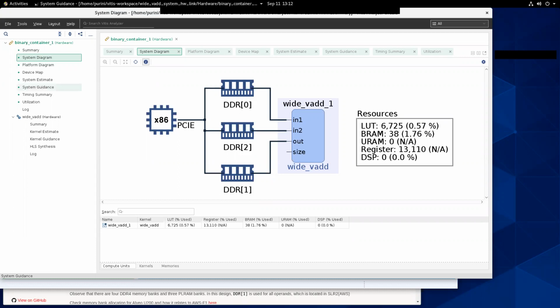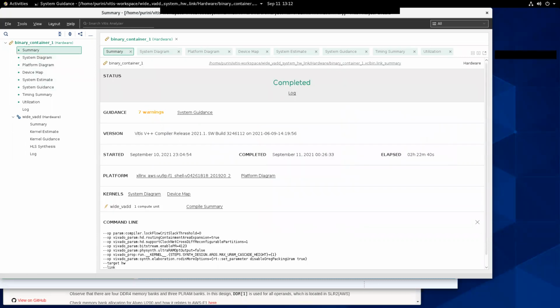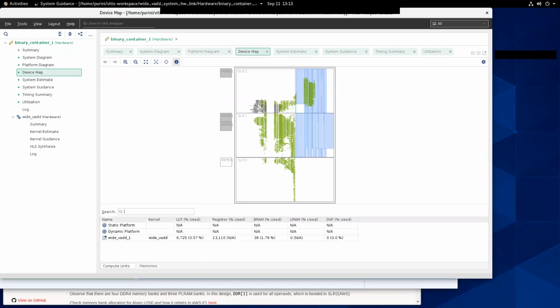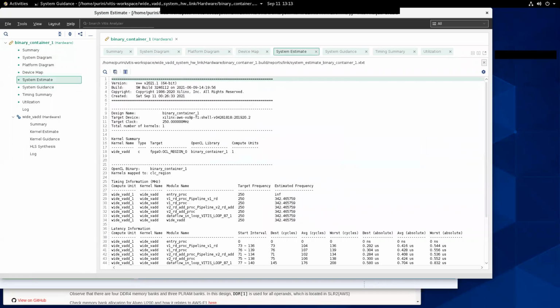Okay, and let's see. So this is the summary platform. Yeah, so this is the device map. Now you can see in the device map DDR1, DDR0, DDR2, all these three are put to use.